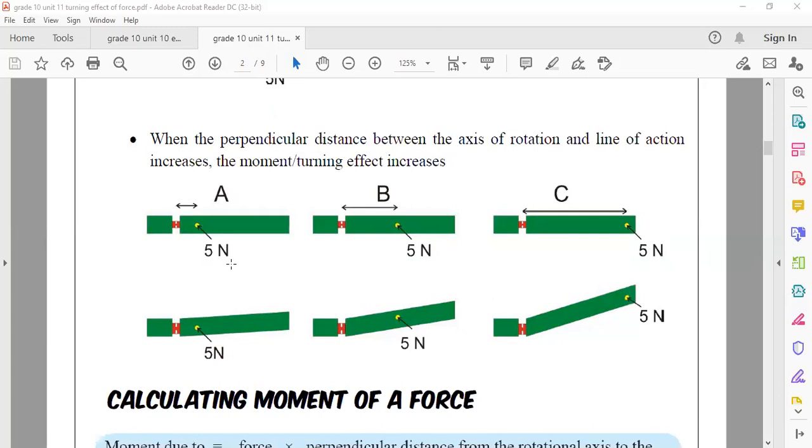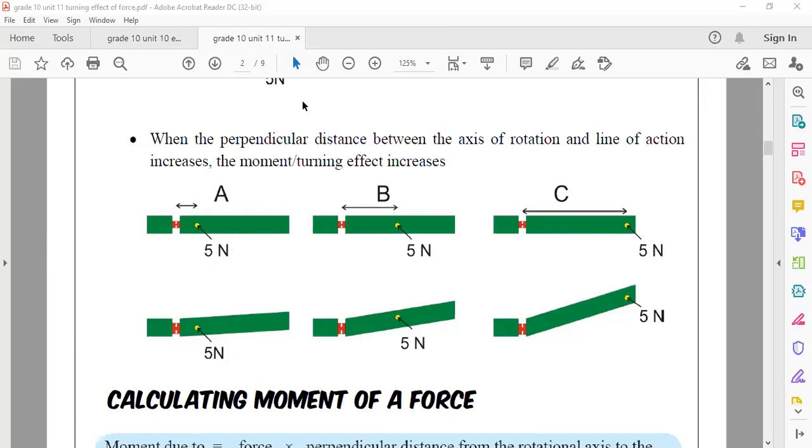If you take the perpendicular distance between the rotational axis and the line of action, who has the smallest and who has the longest? A has the smallest distance. C has the longest distance.